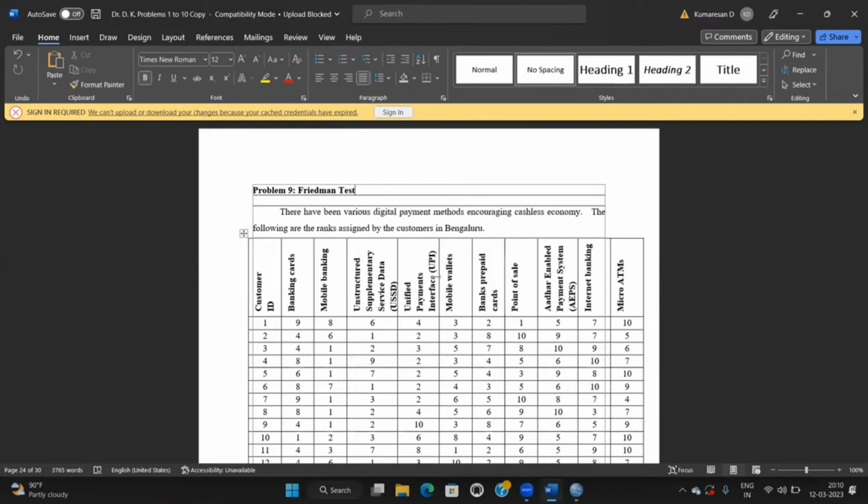At the time of purchase of goods, we are swiping the cards at the point of sale device. Then sometimes using the Aadhaar card itself, you can transfer funds or withdraw funds from your bank account without the use of your banking cards. Simply by using the Aadhaar card, you can withdraw funds. That is said to be AEPS.